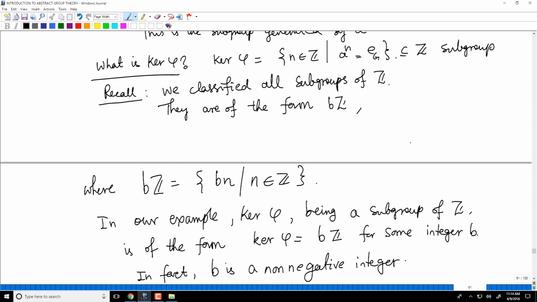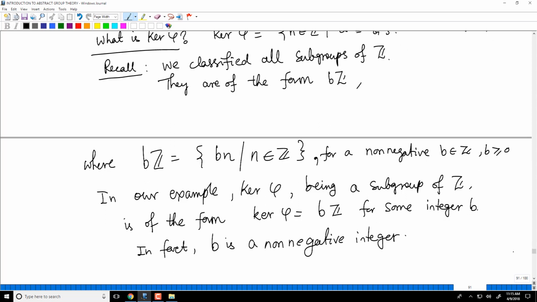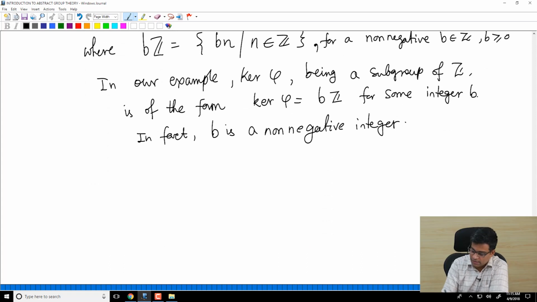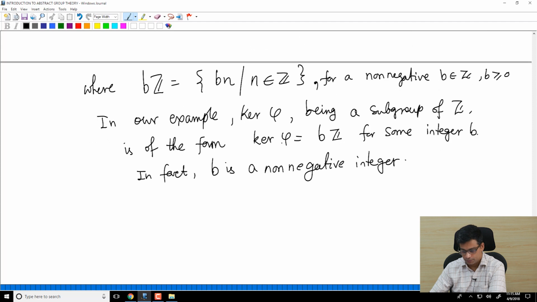If you go back and see the video where we classified subgroups of Z, they are of the form bZ for a non-negative b. I don't want to repeat the proof, but we first rule out the case that it is the zero subgroup, in which case it is of the form 0 times Z. Otherwise, there are some non-zero numbers in it, hence there must be some positive number in it, and we take the smallest positive number and show that all elements of the subgroup are multiples of it. So b is either 0 or positive.